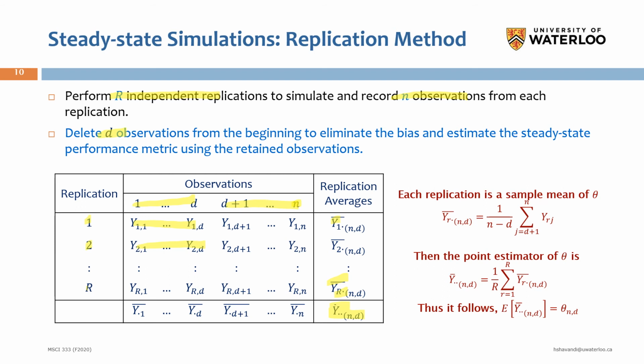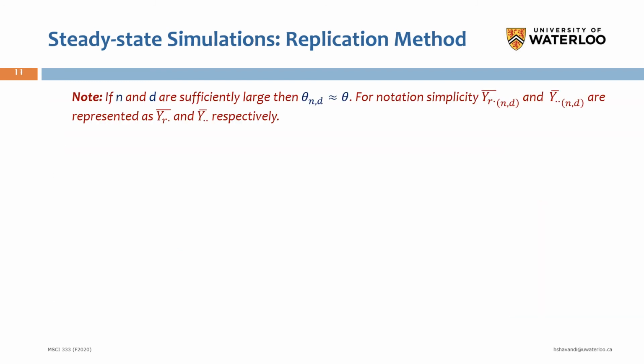And by having D as the warm-up period, we assume that the expected value of y bar dot dot n,d will be equal to theta, which is an unbiased point estimator. If n and d are sufficiently large numbers, then theta n,d will be equal to theta. Because of that, for simplicity, we eliminate n,d from our notations in order to have y bar r dot and y bar dot dot.